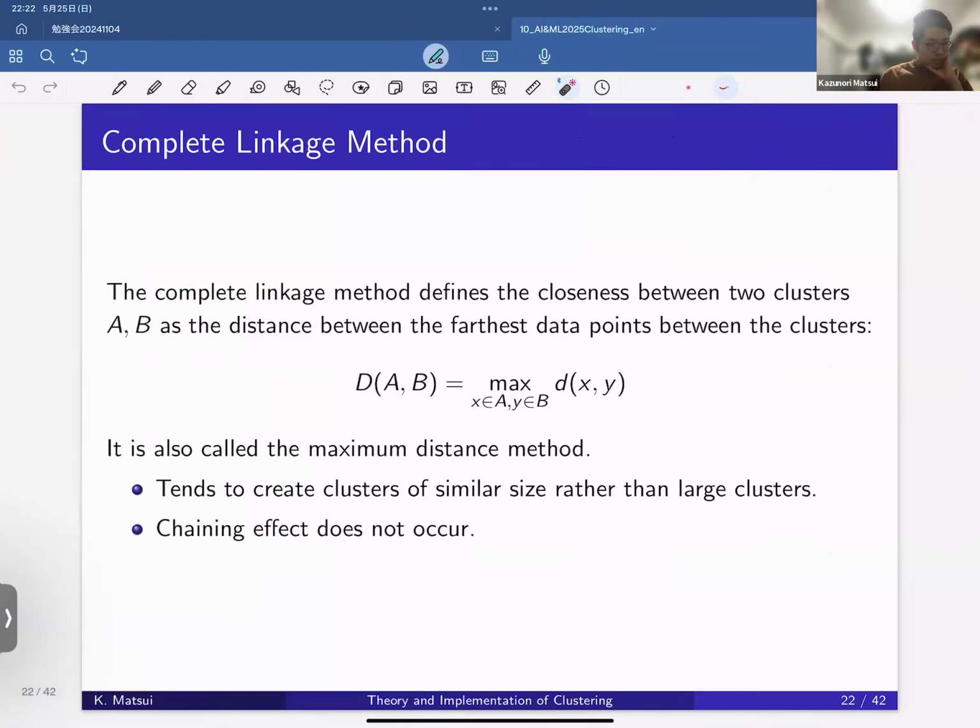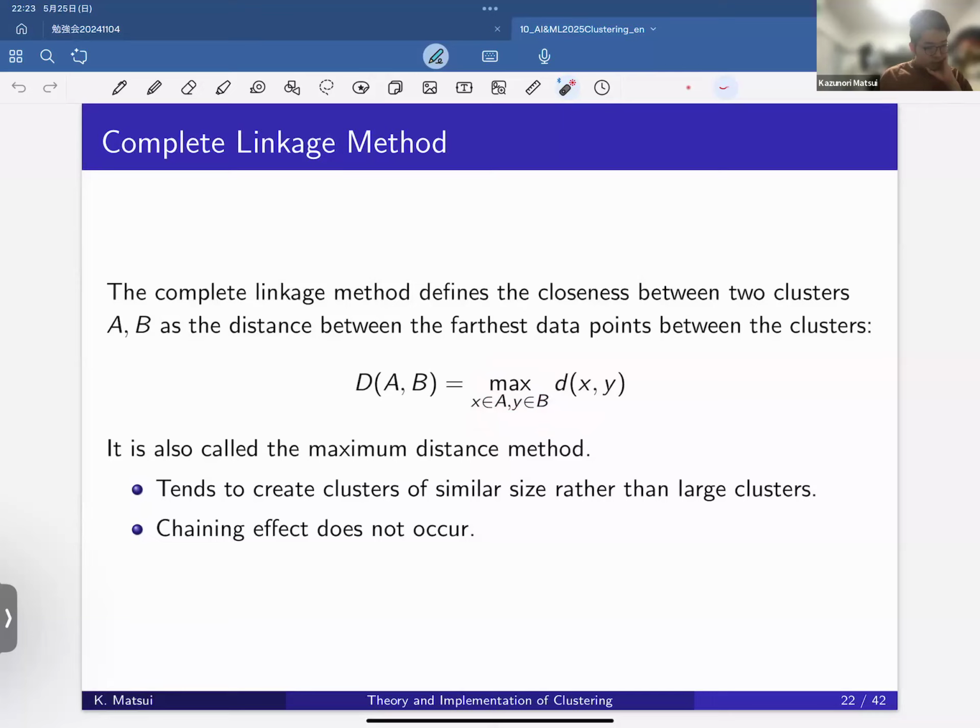Next is something called the complete linkage method. Earlier, we chose the closest one, but the complete linkage method defines the closeness between two clusters A and B as the distance between the furthest data points between the clusters.